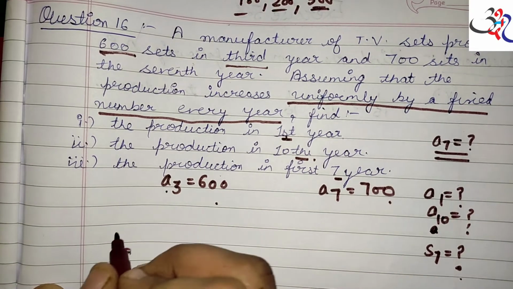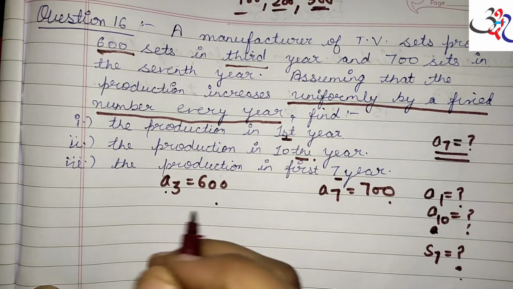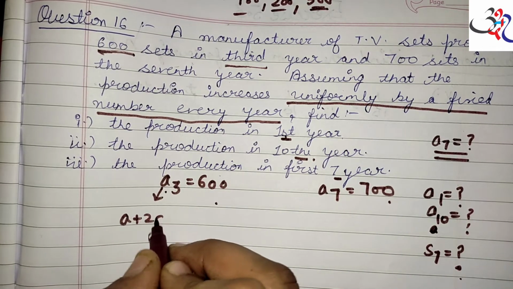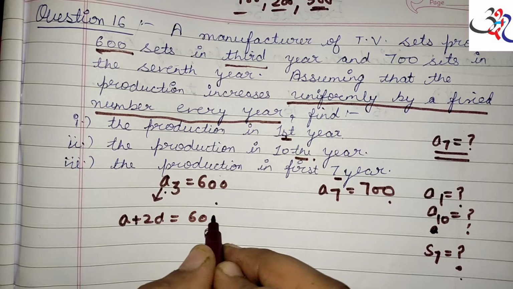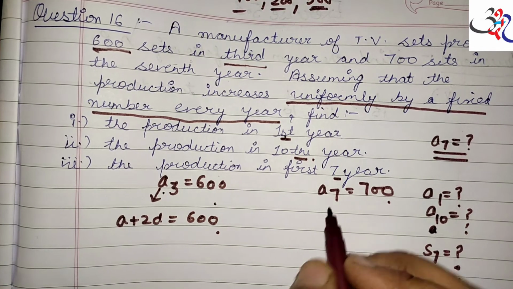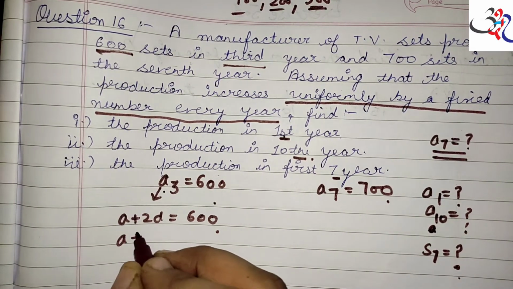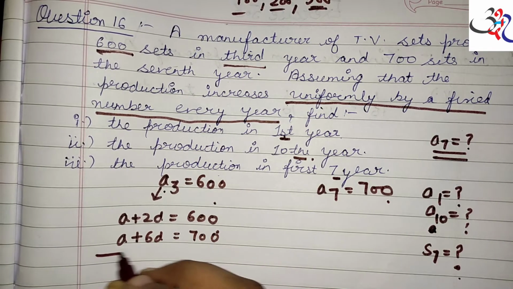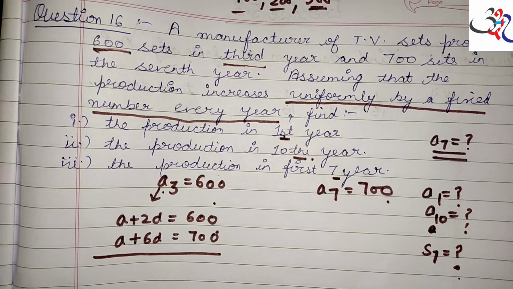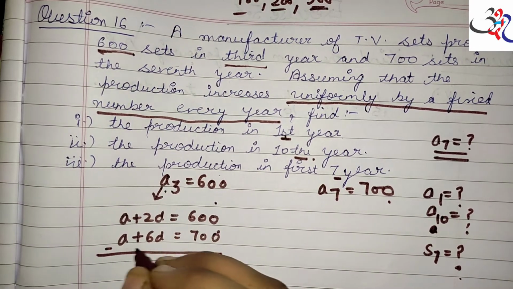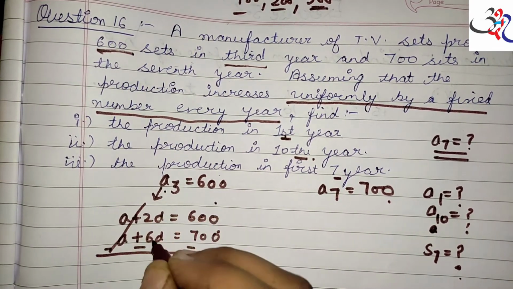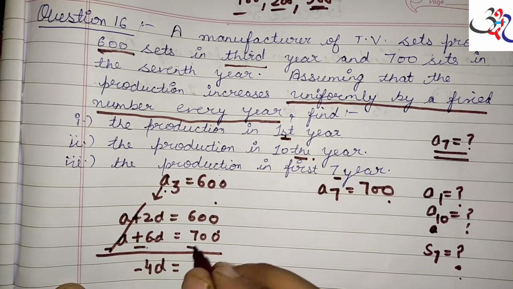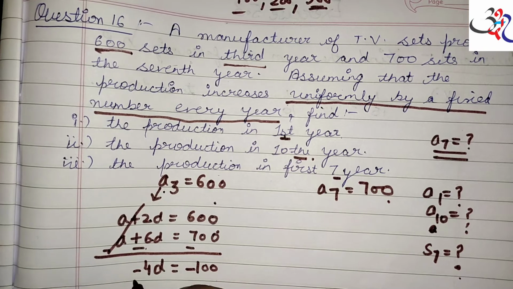We have done similar questions in the previous exercise 5.2 also. What we can write down: A3 is equal to A plus 2D is equal to 600, right? And A7 is A plus 6D is equal to 700, right? So now doing subtraction on both sides, A and A will get cancelled out, and I will be left with minus 4D is equal to minus 100.